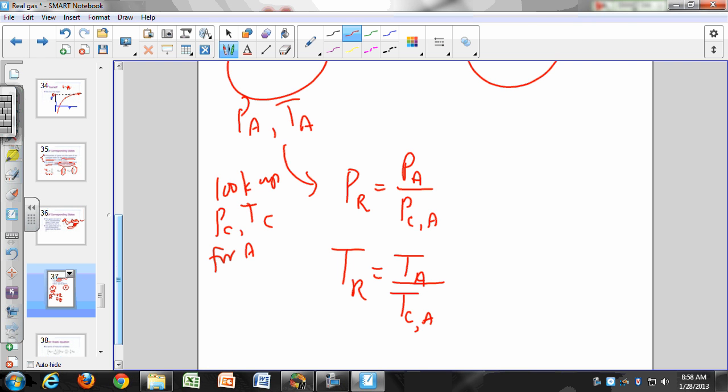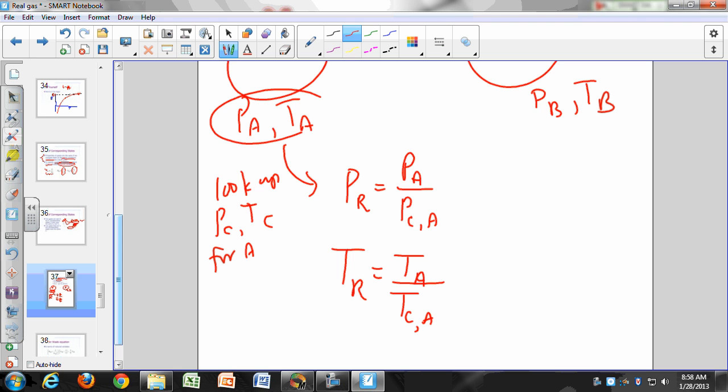So what would be the corresponding state for gas B? What are P_B and T_B that correspond to P_A and T_A?